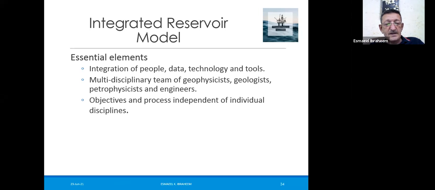This means that the integration includes all this information, and the information comes from all these team members and is joined together in order to arrive at an integrated reservoir model.